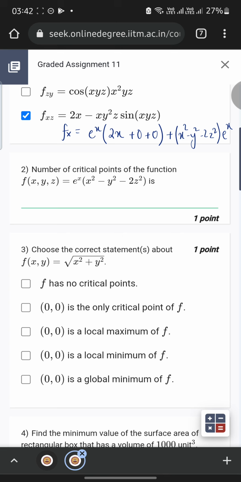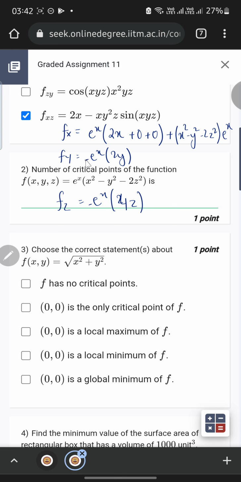So the next part is we should find f of y. Now f of y would be simply e^x into 2y, and again, because this would be treated as a constant, I hope you get my point here, and f of z would be e raised to power x into 4z, and that would be minus of that.